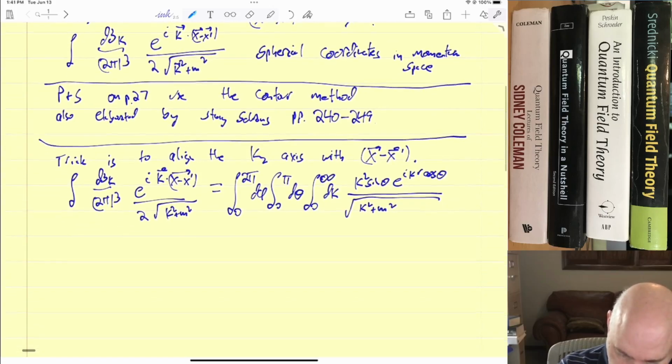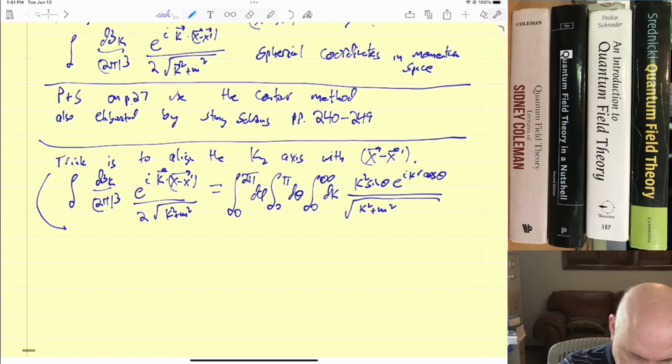Just to show you this trick again, if we draw a little diagram, this vector over here is going to be x minus x prime. This is the kz axis. And then we're going to have theta. And this is the k vector. k is equal to the absolute value of k.